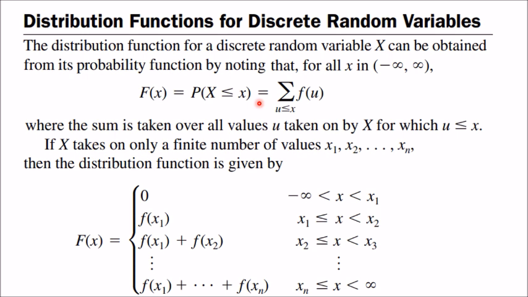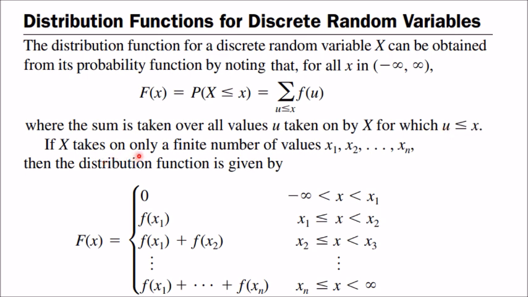That is equal to the summation of the function of u. So, itong small f na to, this is the density function na pinag-usapan natin kanina, where u is less than or equal to x, where the sum is taken over all values u taken on by x for which u is less than or equal to x.